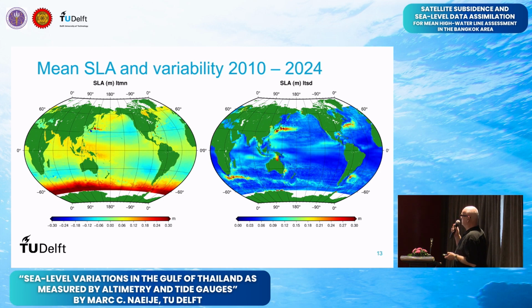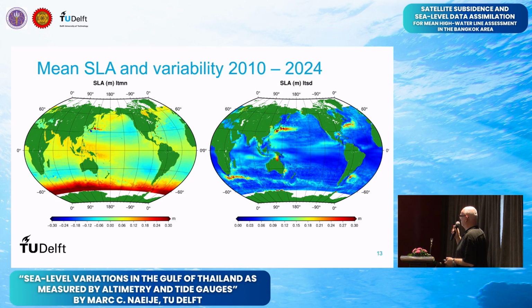So there's still something in the mean SLA. The mean sea surface model is not perfect or not exact. So it's still different. If you add something like the mean dynamic topography, you get the actual ocean dynamic topography.